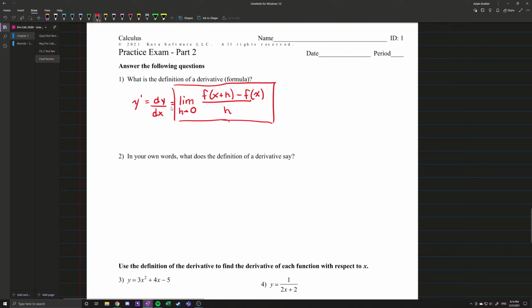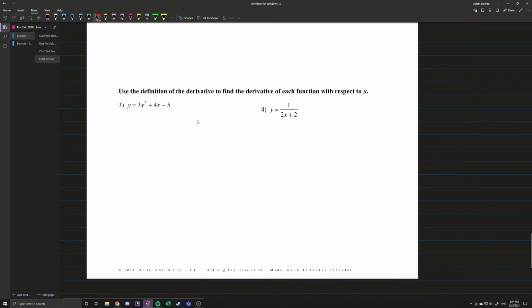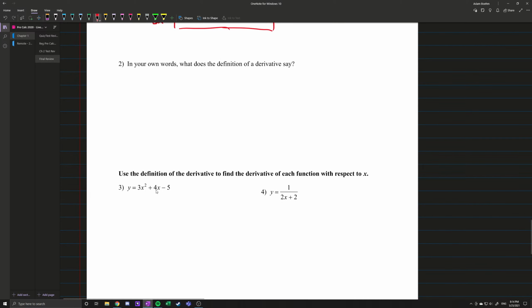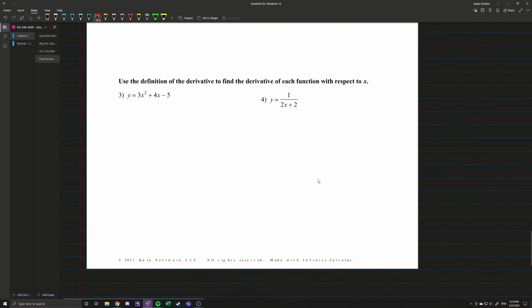So we have to use that definition in order to take the derivative of 3x squared plus 4x minus 5 and 1 over 2x plus 2. We can just go ahead and do that.